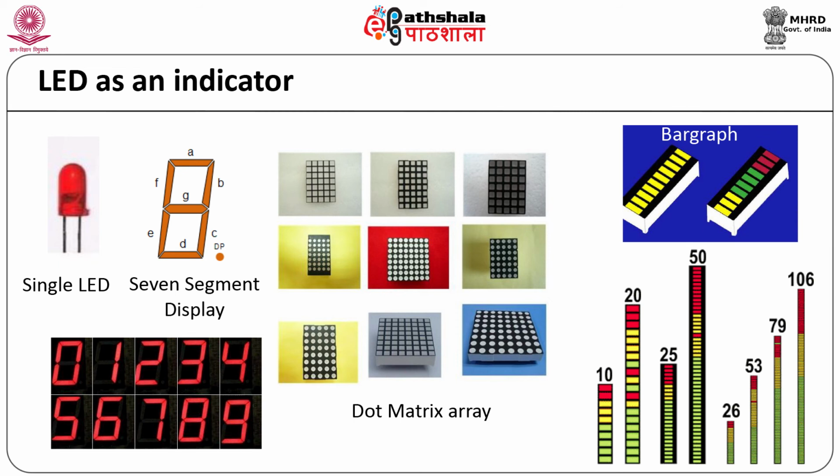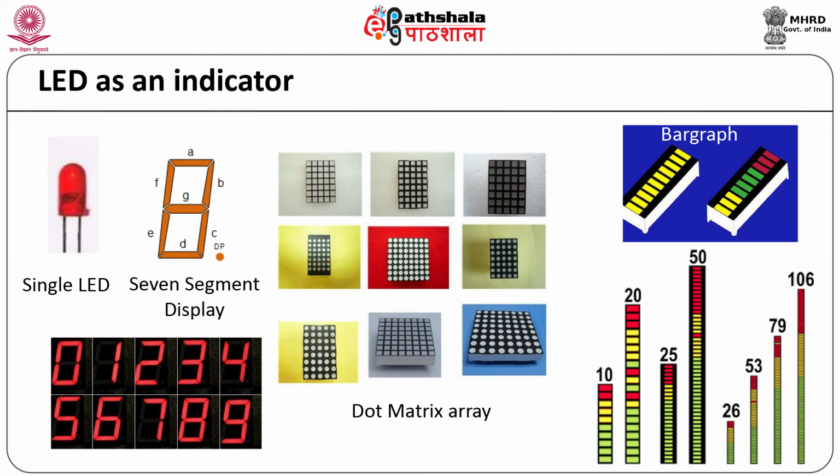If we want further clarity, then we should go for dot matrix array. Here you can see different sizes of dot matrix array where number of LEDs are constructed in rows and column fashions. This is another kind of LED indicator which is called as bar graph. In first bar graph, you can see same color LEDs arranged in one particular column, while in second bar graph, different color LEDs are used.